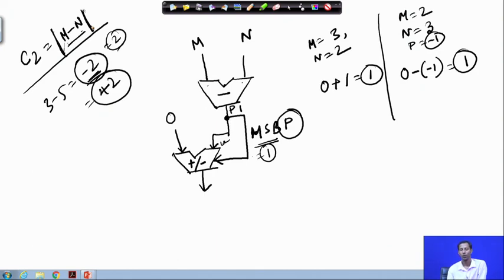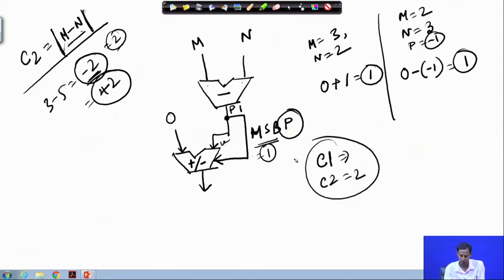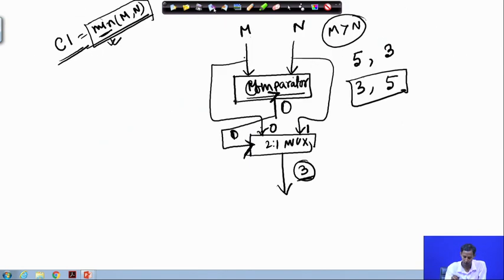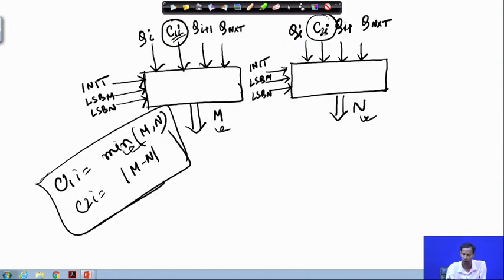Okay. So, what did we do? We have implemented the C1 circuit and the C2 circuit. So, the output of this is C2 and this is C1. The corresponding bits of that will be connected to these particular positions.